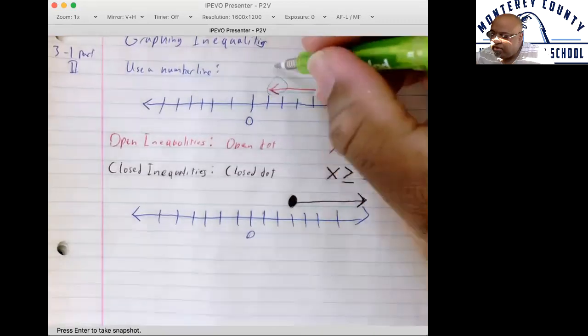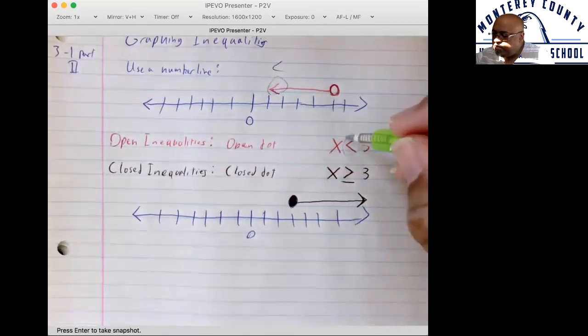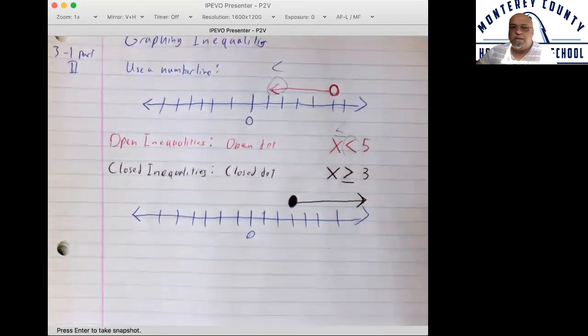You'll notice this is pointing that way. This is pointing that way. The same with the other one is true. My inequality is pointing to the right. This is pointing to the right.